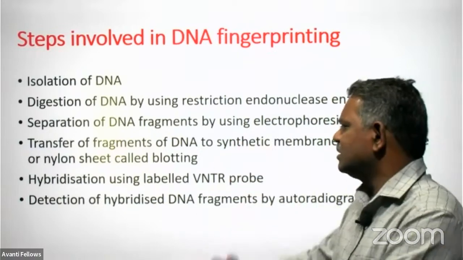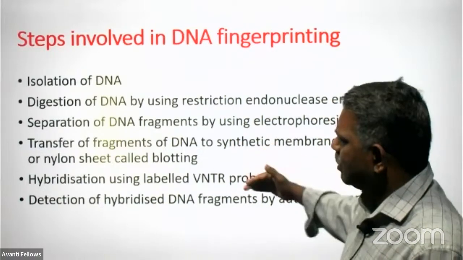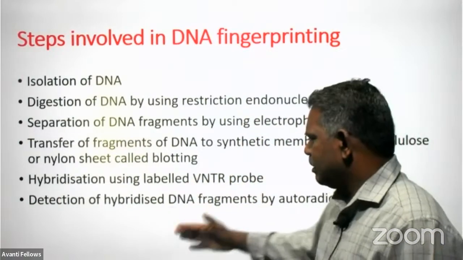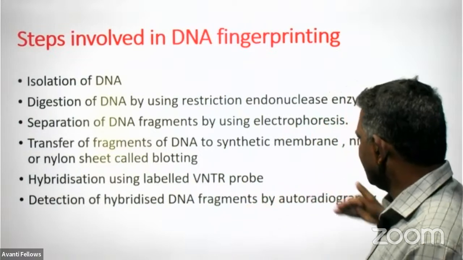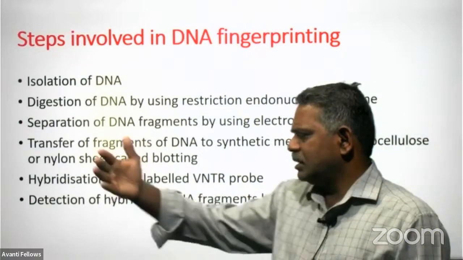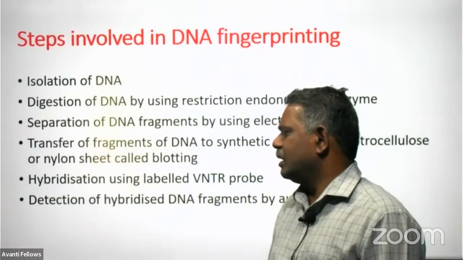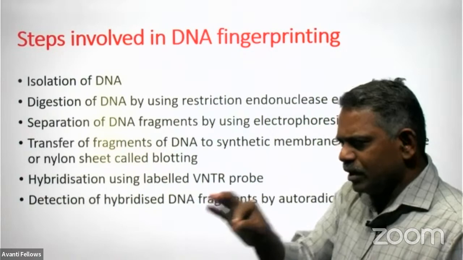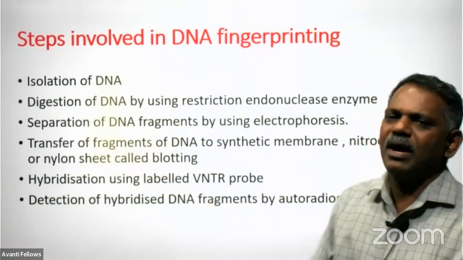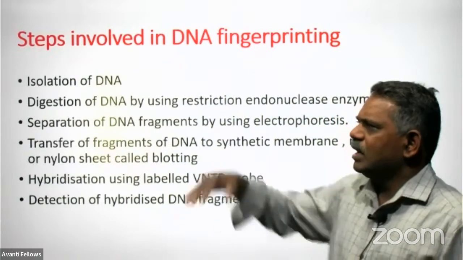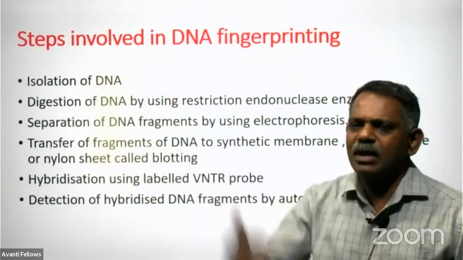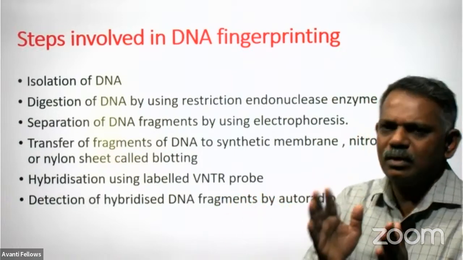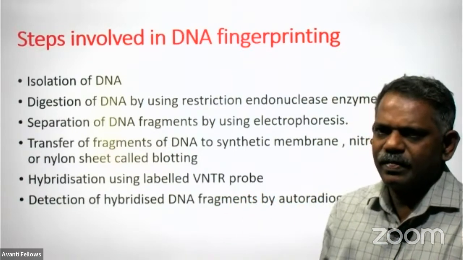So hybridize it with the VNTR probe, put it into the autoradiographic machine and detect this hybrid DNA. It shows a lot of bands because it emits light that appears on the X-ray sheet in the form of bands. So by seeing these bands, we are able to compare the VNTRs of two different persons, right?